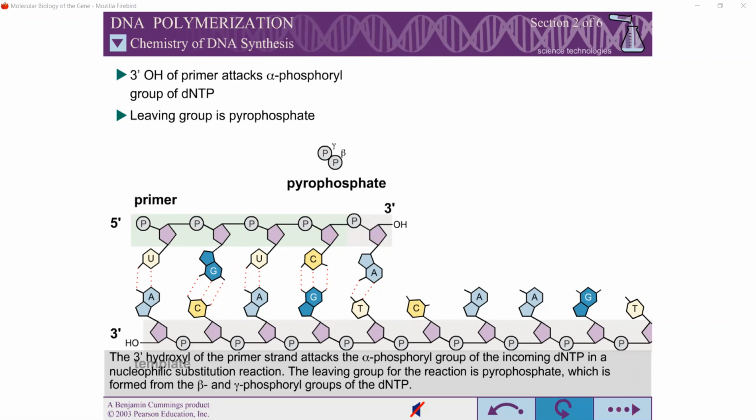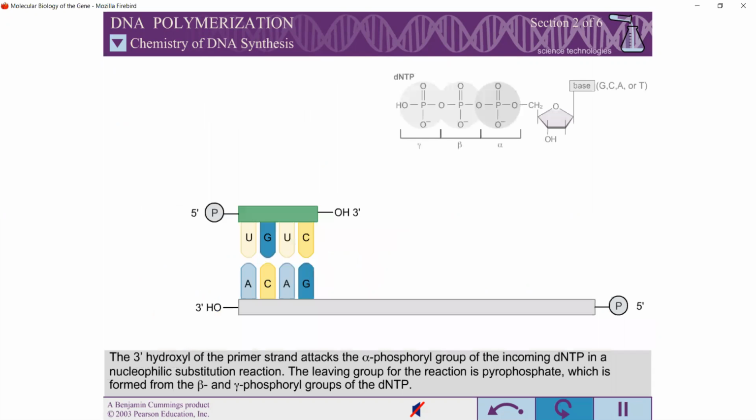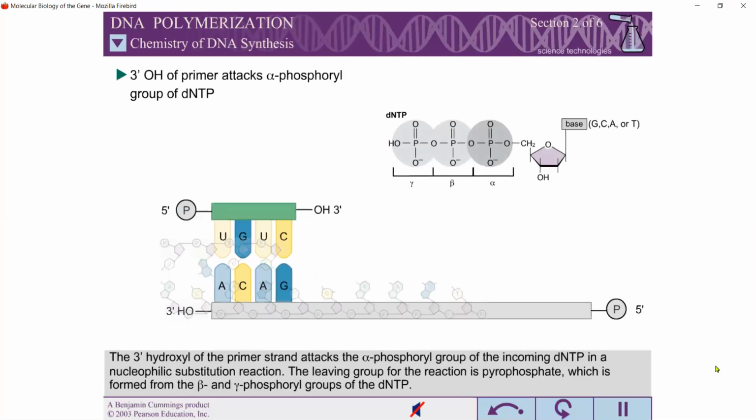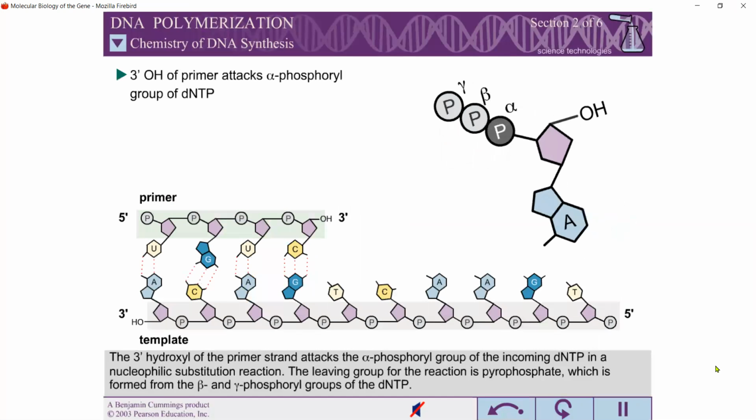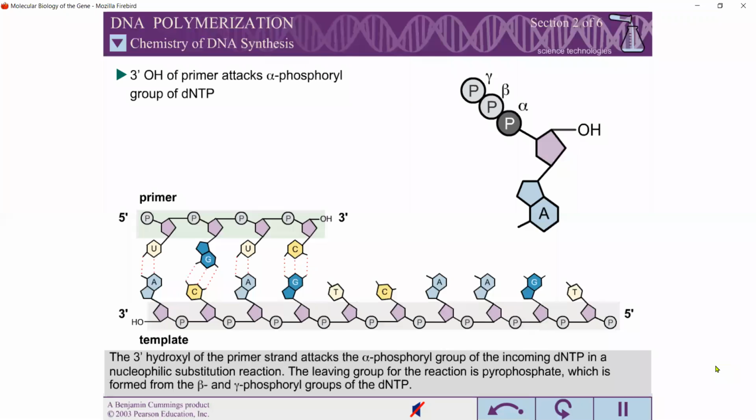I'm just repeating this portion once more. As you can see, there's the dNTP there, and the incoming dNTP is coming.